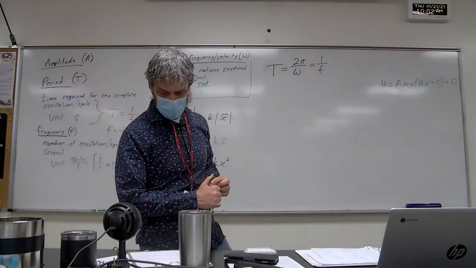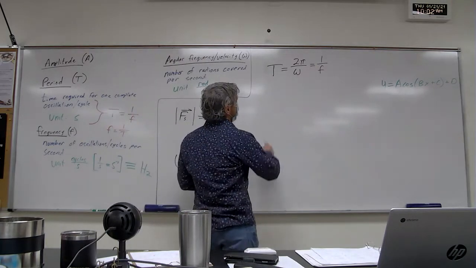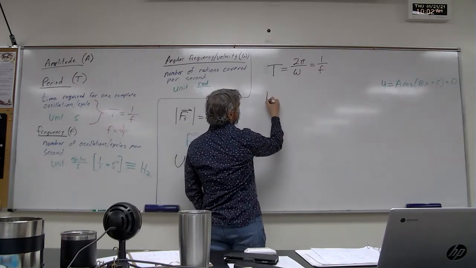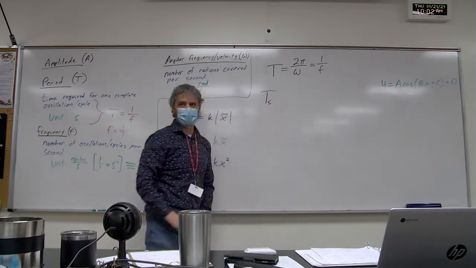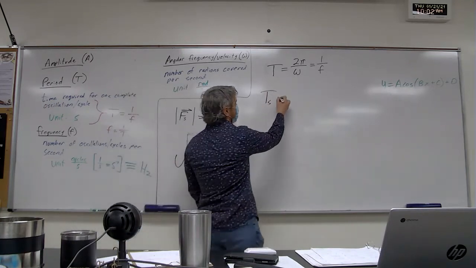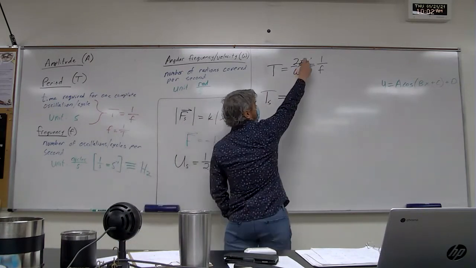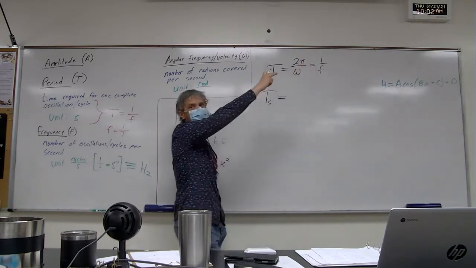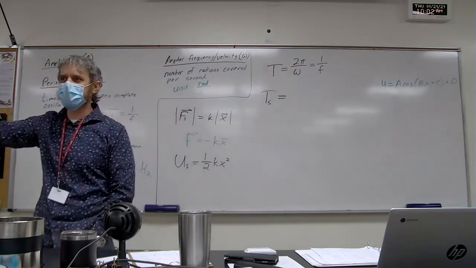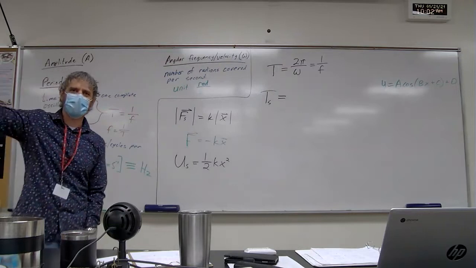What else is on the formula sheet? The period for a mass spring oscillator is equal to, and notice the pi here, right? The pi with the omega. That means omega is a circular thingy, right? It's a spinny thing.